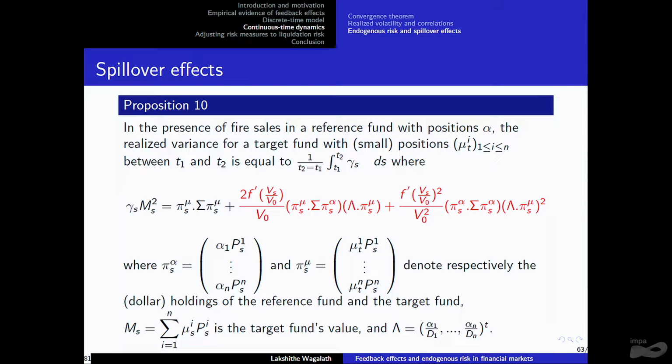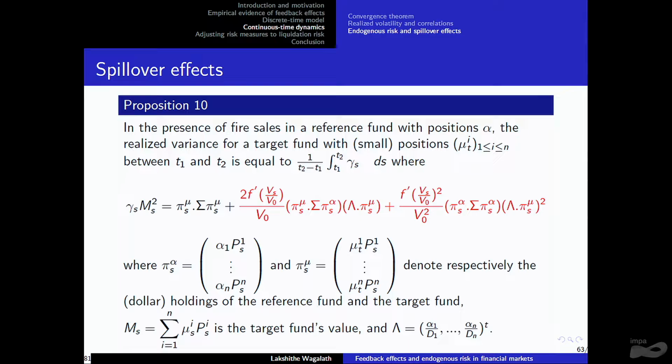I don't even know that someone is liquidating. I just happen to hold the same assets. If I look at the impact of those liquidations on my variance, on my risk, I have the same kind of decomposition, a tractable one, of a fundamental variance plus order 1 variance and order 2 variance.